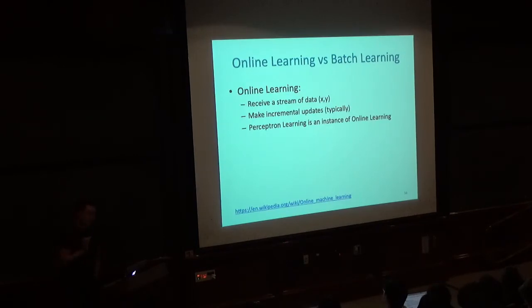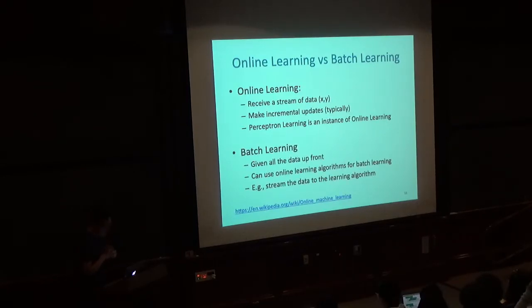Online learning is the setting where you receive a stream of data, in the supervised case, XY pairs. The learning algorithm makes small incremental updates, typically, to the model as it's receiving this stream of data. So the Perceptron learning algorithm is an instance of online learning. It takes as input a stream of data, and it makes relatively small updates until you decide to stop, for whatever stopping condition you use.